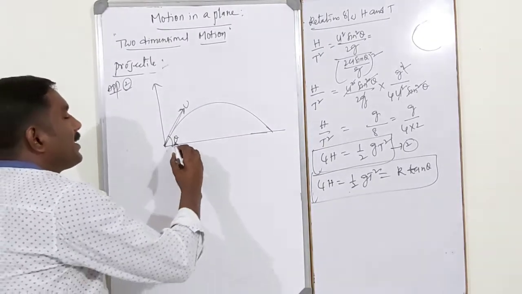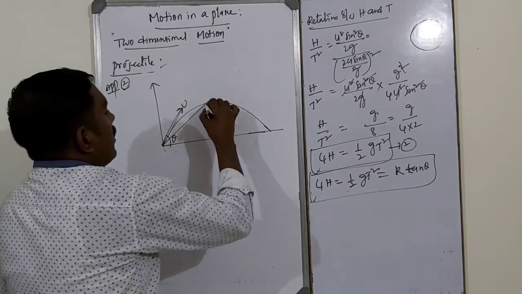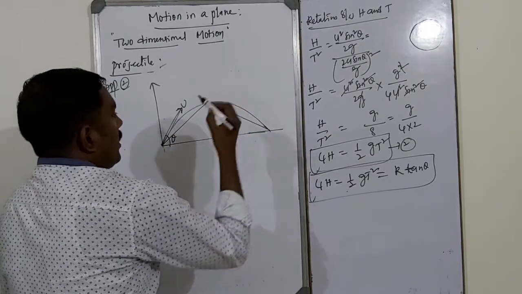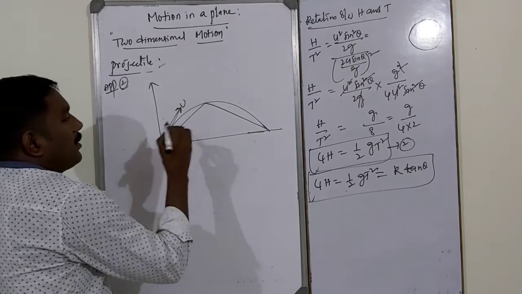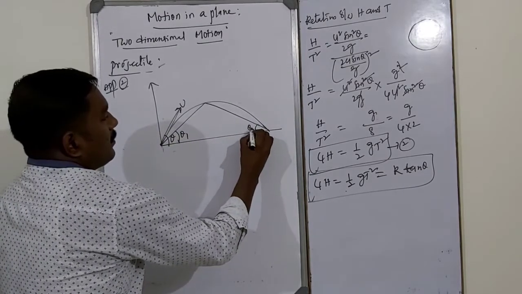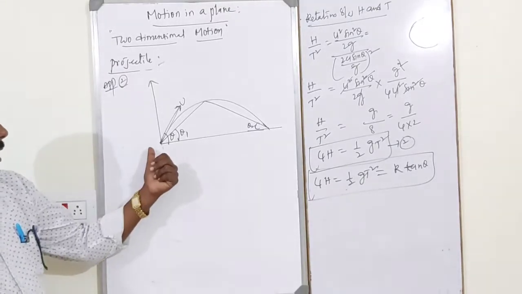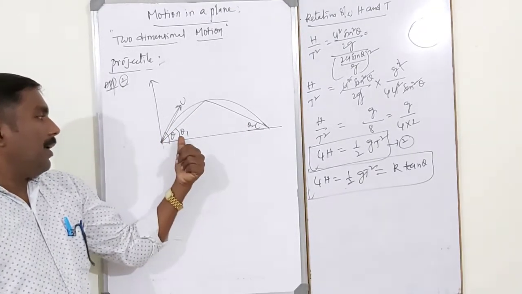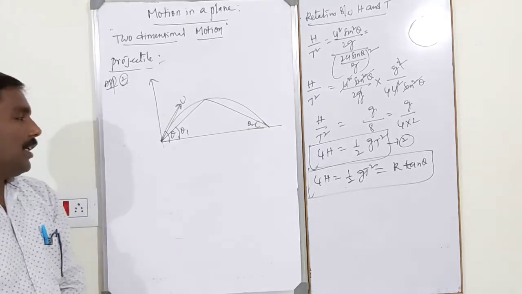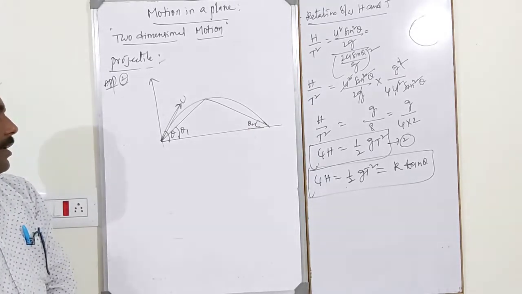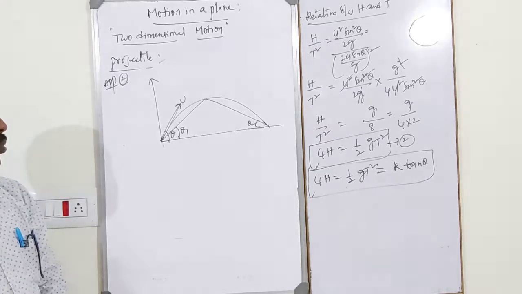Then it traces a triangle like this. So this is theta 1, this is theta 2. Base angles are theta 1 and theta 2. Now, what is the relation between theta 1 and theta 2?